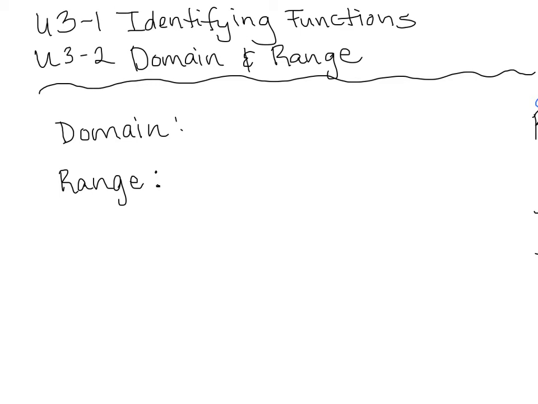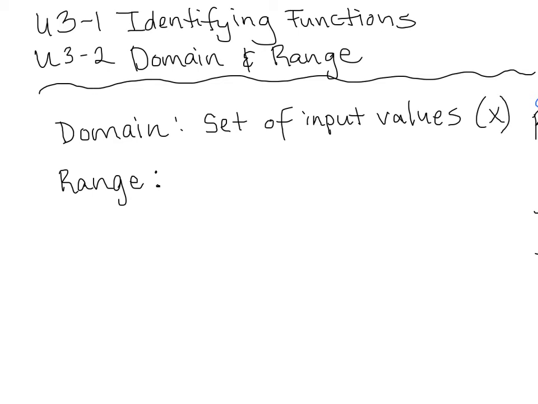Now we're going to talk about those words domain and range. The domain of a relation is the set of input values. So let's write down that definition. The domain is the set of input values. A lot of times we think of those as the x values.